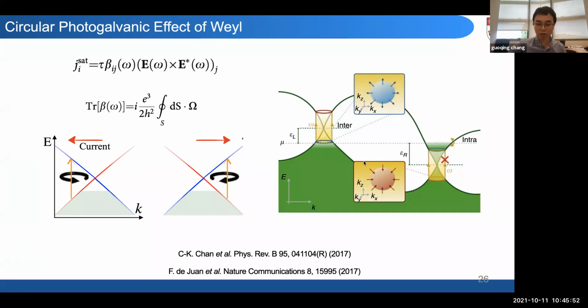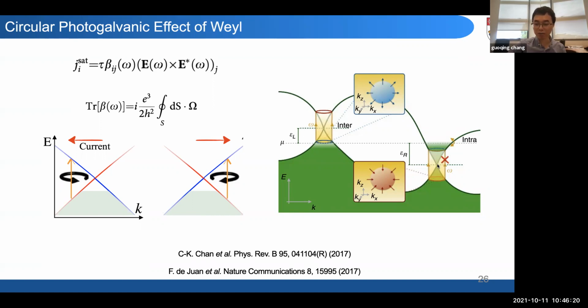According to the proposal of Joel Moore, if we move one Weyl node above the Fermi level and the other one below the Fermi level, so your Fermi level is in between them, this Weyl node will be occupied and that Weyl node will be empty. If you choose some frequency, as indicated here, you can pump electrons from here to here and inject photocurrents.